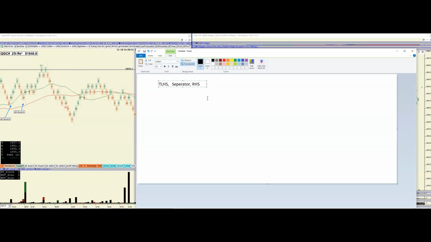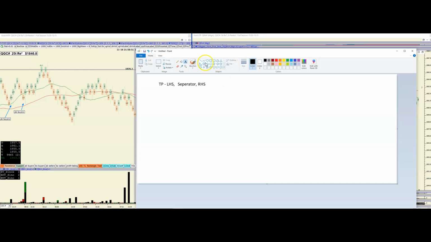All right. So I just call it TP. TP is not take profit. TP is turning point. So breaking it down structurally, we have a left-hand side, a separator, and a right-hand side. These are the three pieces of a turning point.